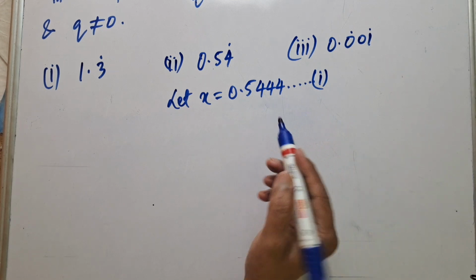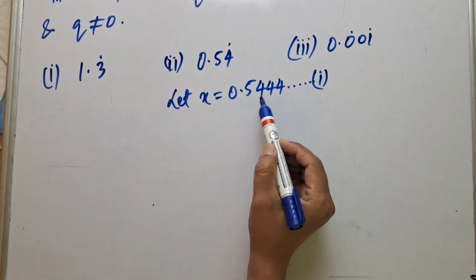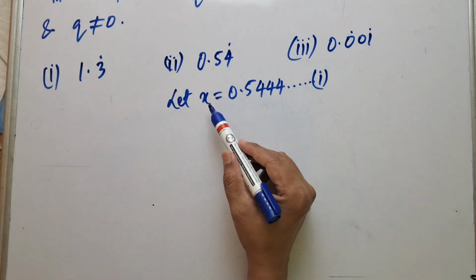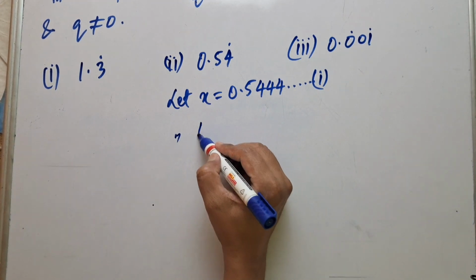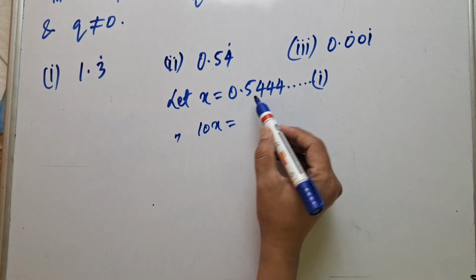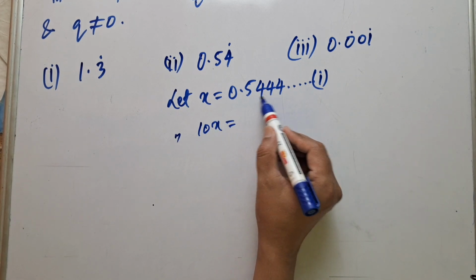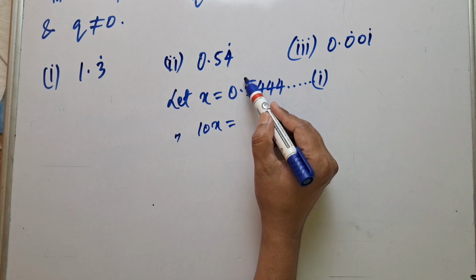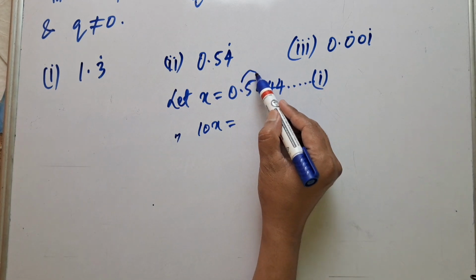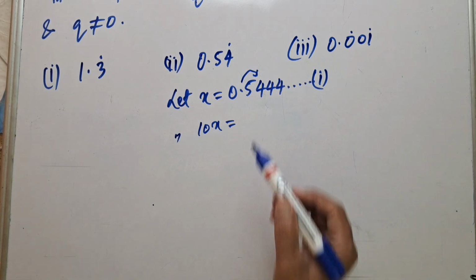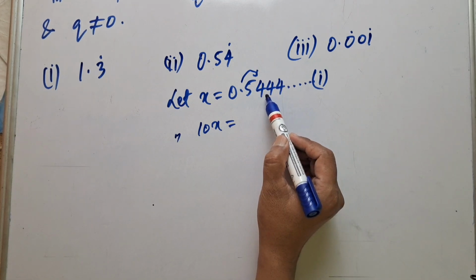x equals 0.54444 and so on. Now let us multiply equation 1 with 10. So 10 into x gives us 10x equals 10 into this number. Multiplying by 10 moves the decimal point one digit, because we are multiplying this number by 10.